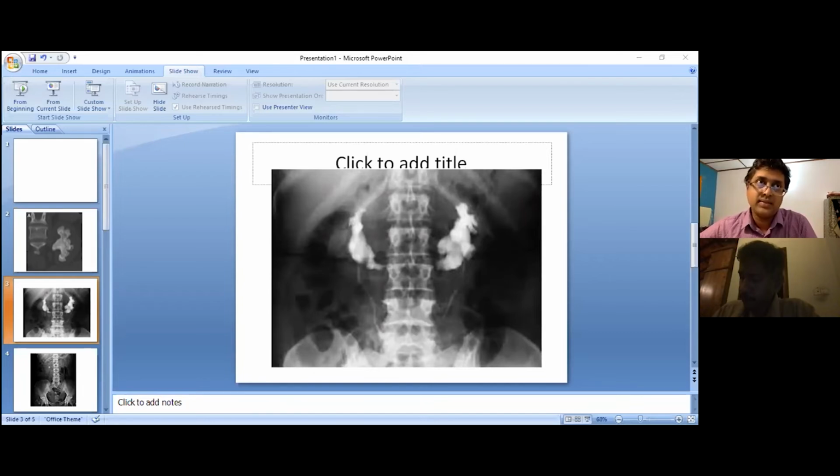The lower calyces are more posteriorly directed, and the upper calyces are directed posterolaterally because of the abnormality of the rotation. Right. Okay. What surgical procedure would you prefer to get a full stone clearance in one renal unit?